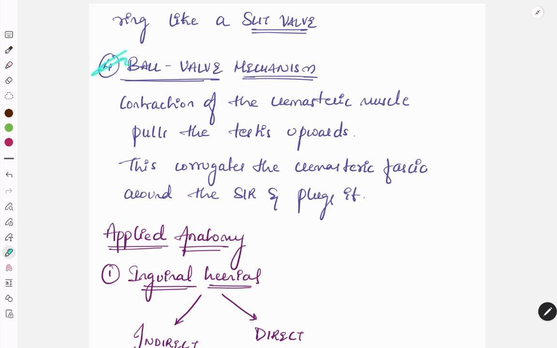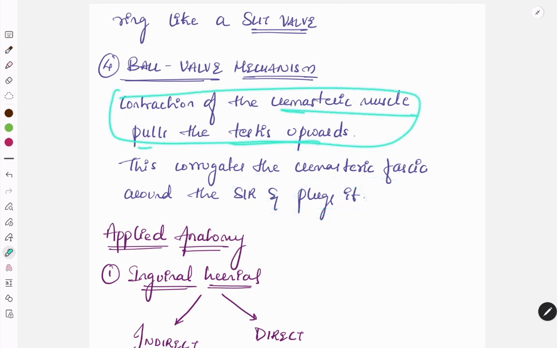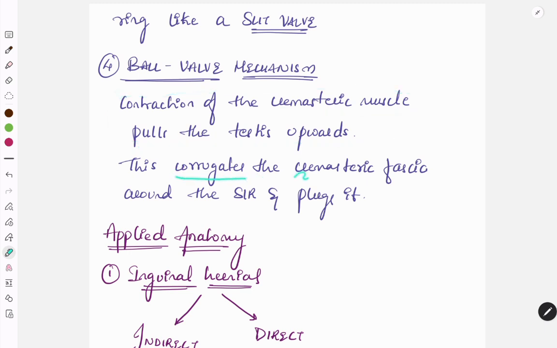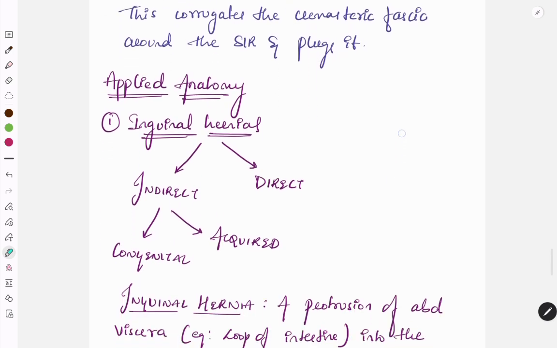So this is what you have to remember: the ball valve mechanism refers to the testis and how the contraction of the cremasteric muscle brings the testis upwards and plugs it into your SIR. You can just remember this line: contraction of the cremasteric muscle pulls the testis upwards, because of which it corrugates the cremasteric fascia around the superficial inguinal ring and plugs it.